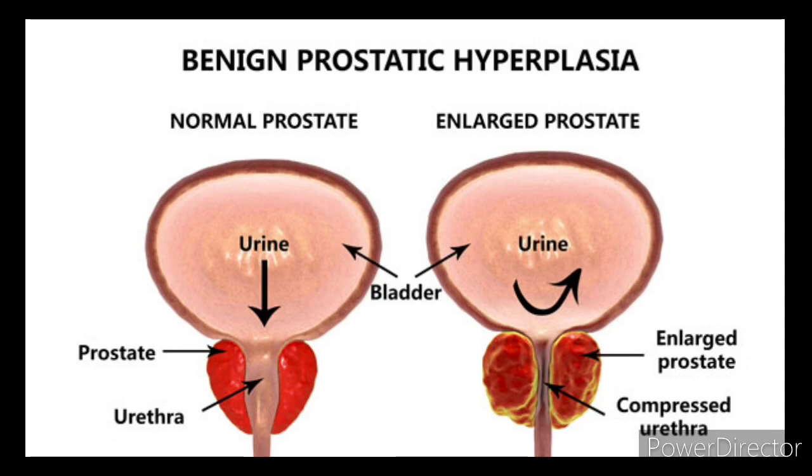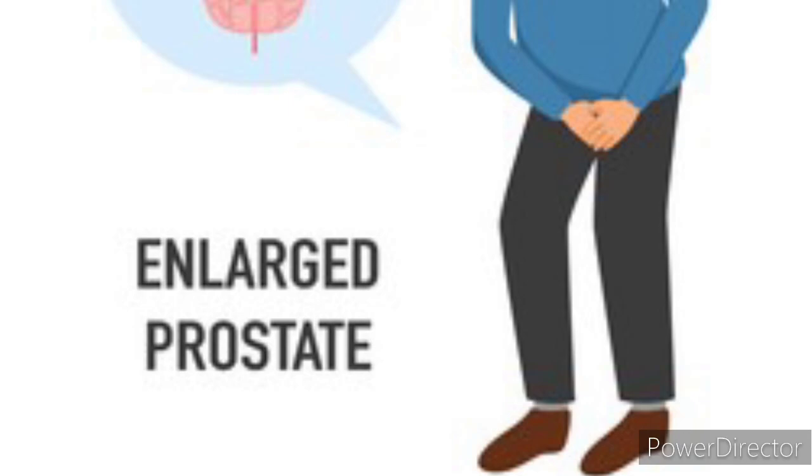Now, as the gland enlarges inwards, it reduces the area in which the sperm duct and the urethra pathways lie, thereby squeezing the tubes to a much smaller size, leading to narrowing of the urethra.